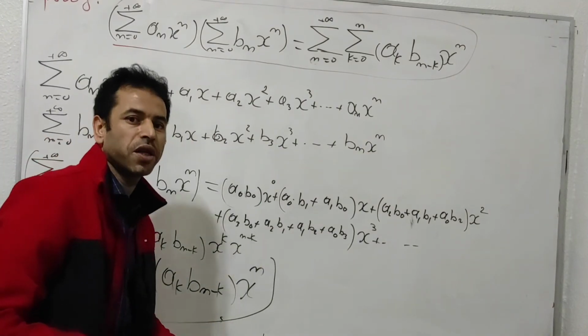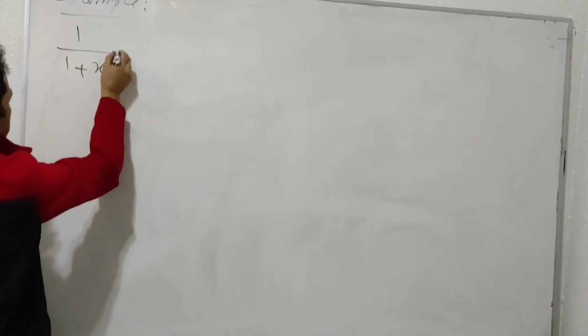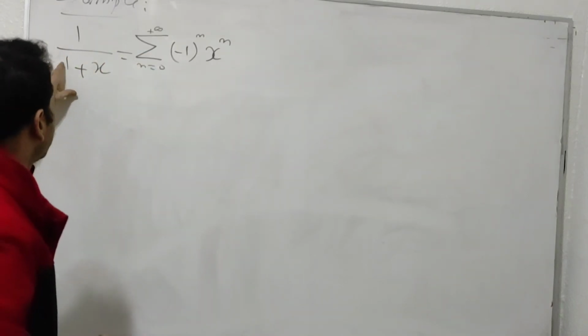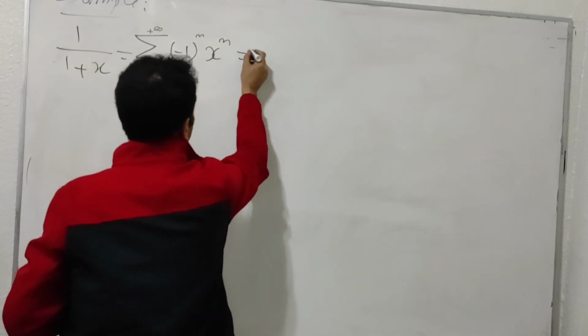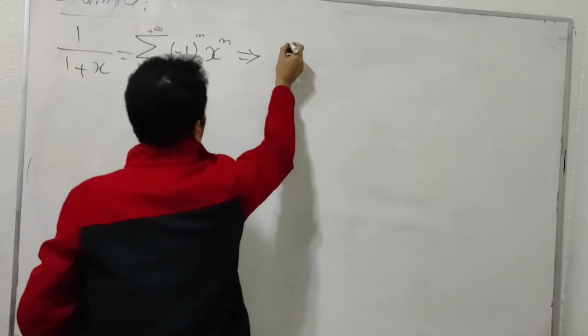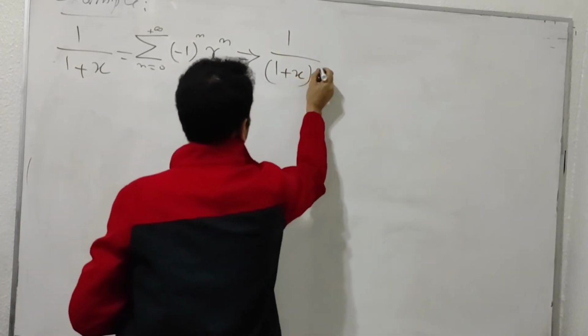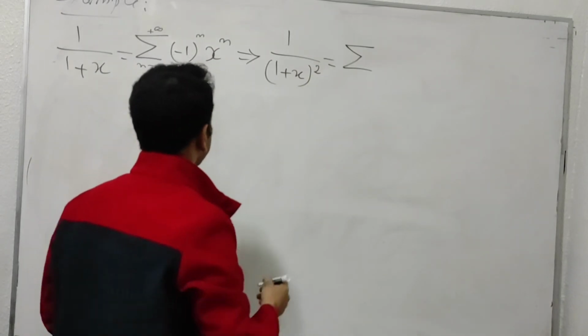Now let's move on to an example. We have 1 over 1 plus x as a geometric series. Now I'm going to calculate the product of this one with itself, that means 1 over 1 plus x quantity squared. I will calculate it by applying the Cauchy product of power series.